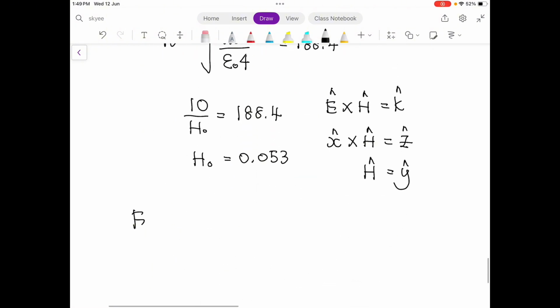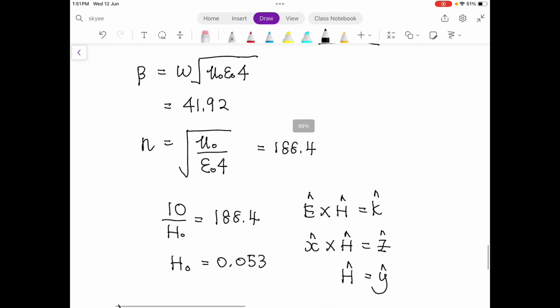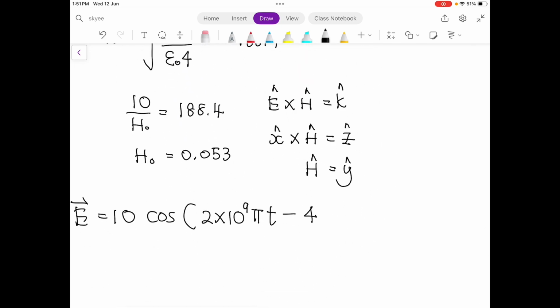The equation for the E will be 10 cos of 2 times 10 power 9 pi t, minus beta, which is 41.92 Z, and the electric field is in the X direction.